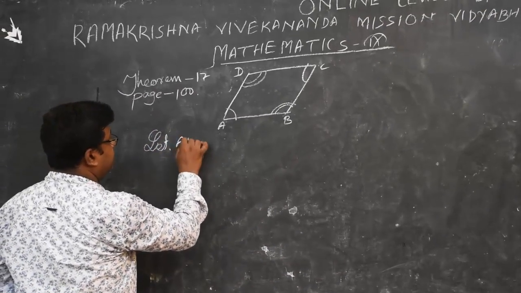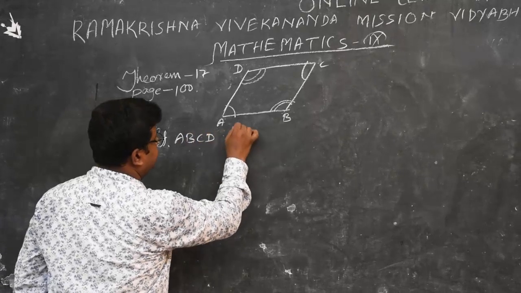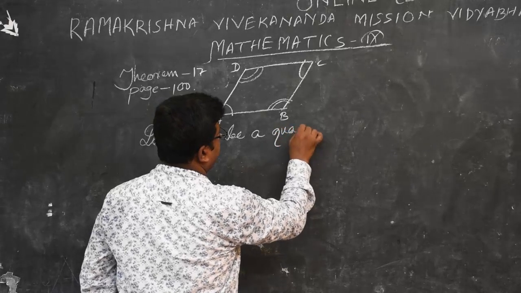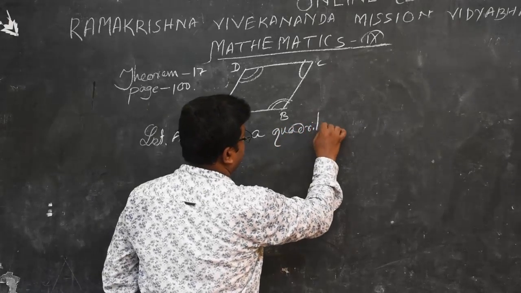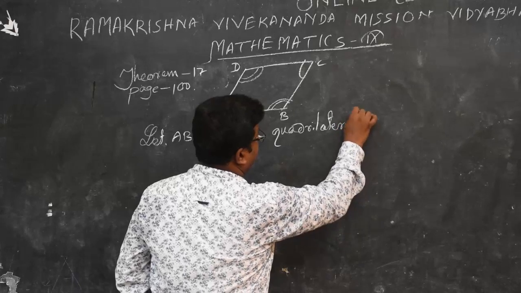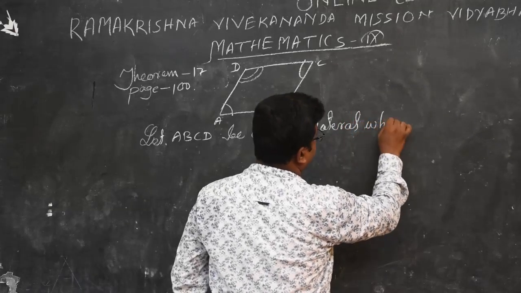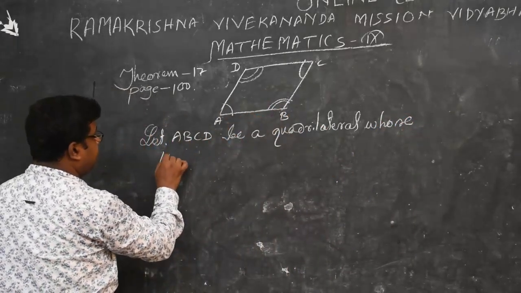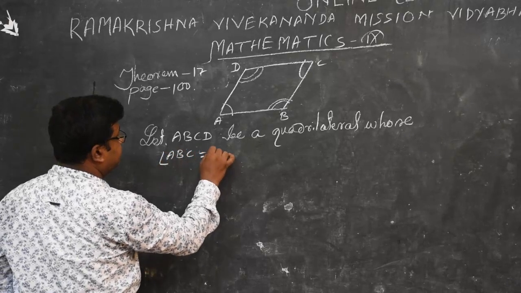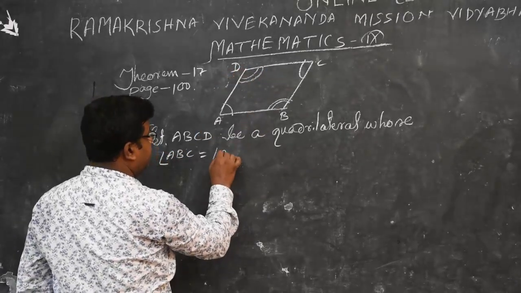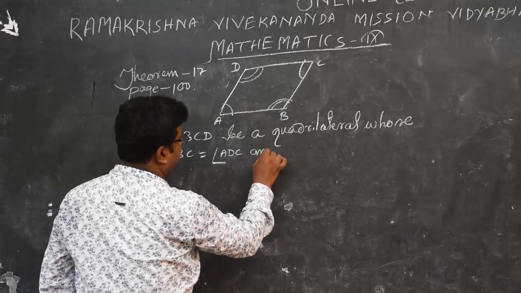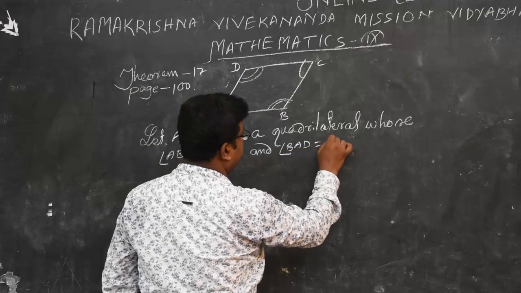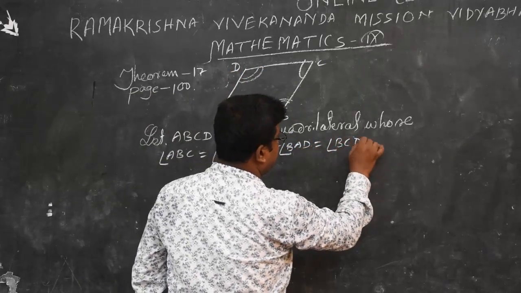Let ABCD be a quadrilateral whose angle ABC equals angle ADC and angle BAD equals angle BCD.